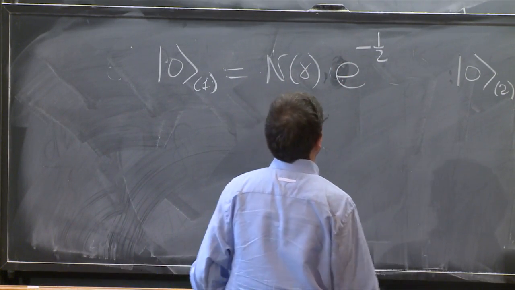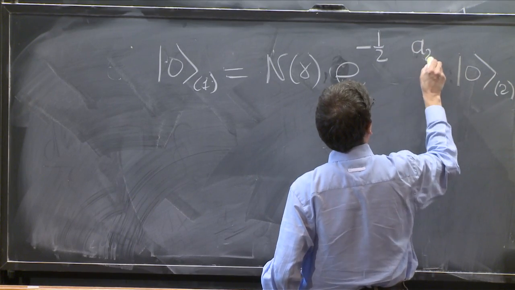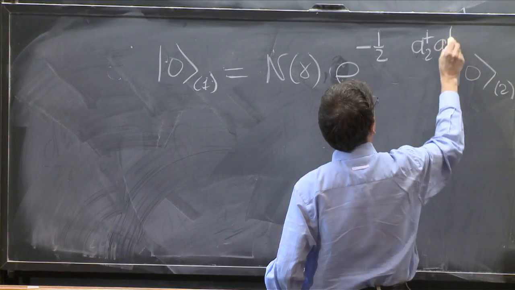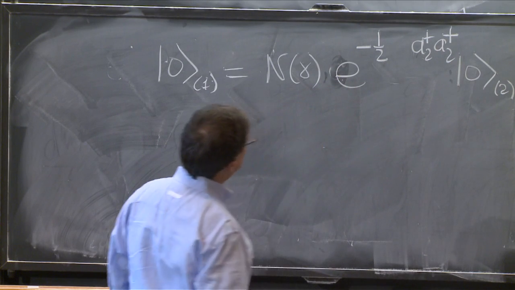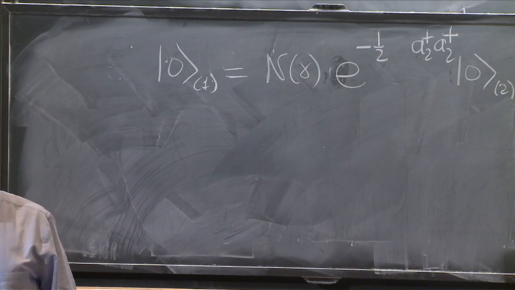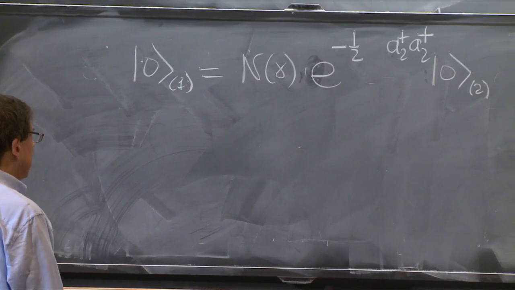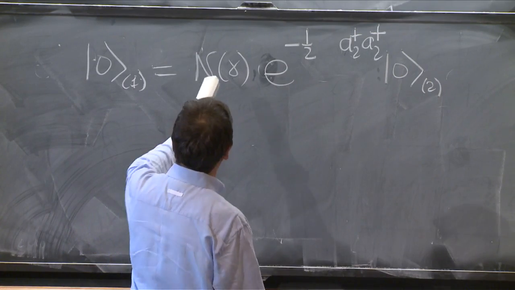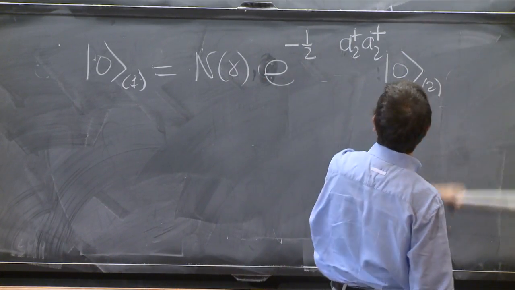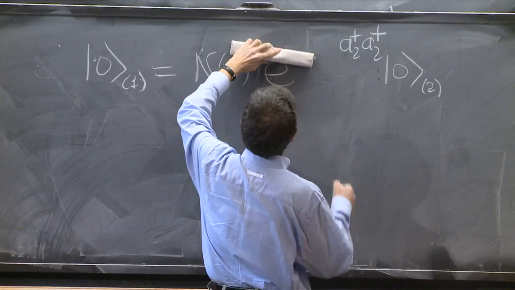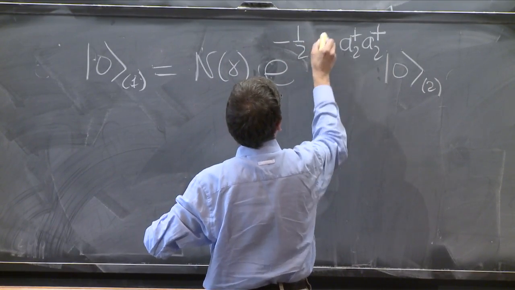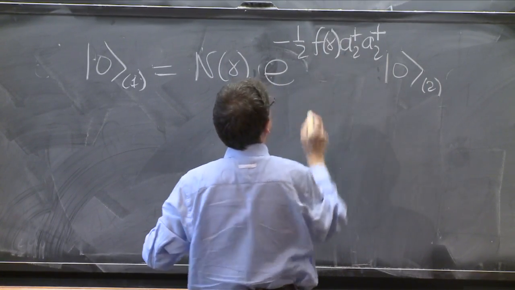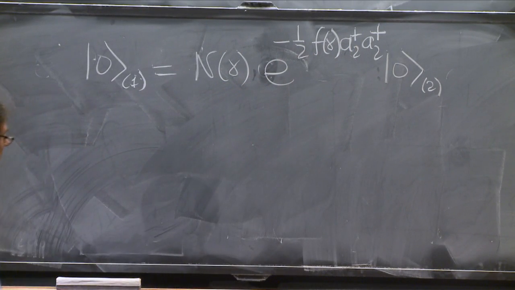So if we're very lucky, maybe we can put just an A2 dagger here. An exponential of something quadratic in oscillators. And I don't know what coefficient is in front, and it may depend on gamma, because I have to solve an equation with gamma, so I'll put minus 1/2 f of gamma times that. And we'll see if we can solve this.